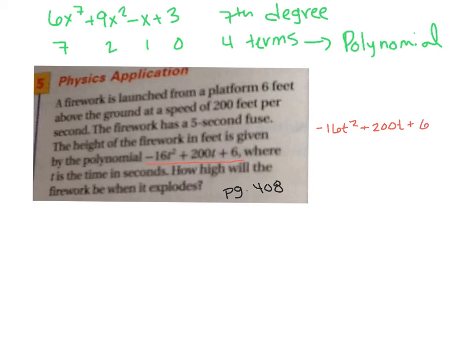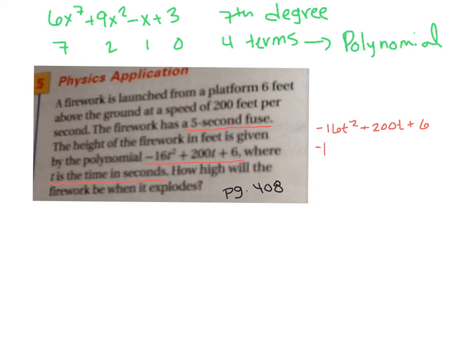It also tells you that the firework has a 5-second fuse. That means after 5 seconds, the firework is going to go off. And that t is the time in seconds. So wherever we see a t in our expression, we're going to substitute 5.